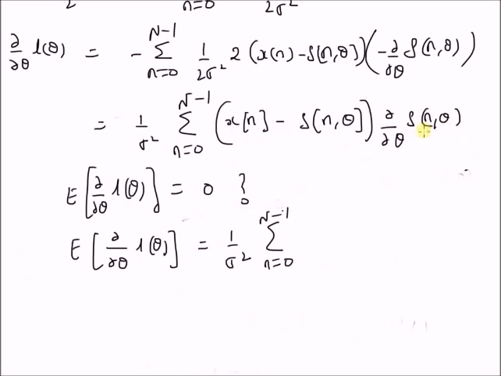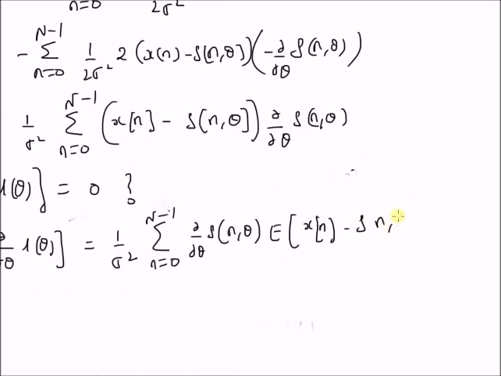And since the first derivative of the signal component is a deterministic quantity, it can be taken outside the expectation. So we are left with expectation of x of n minus s of n comma theta. Clearly this expectation is equal to 0 since expectation of x of n is equal to s of n comma theta. Therefore the regularity condition is satisfied.